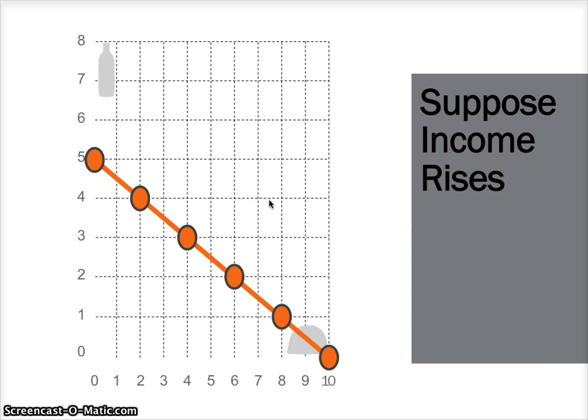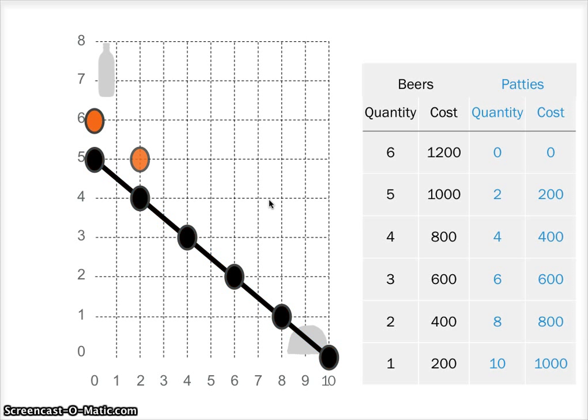Now, what is the impact on the budget line if income increases? If your income increases, it means I have more to spend on both goods. So as the consumer's income rises from, say, $1,000 to $1,200 per week, the consumer will now be able to spend more and afford more units of both goods.